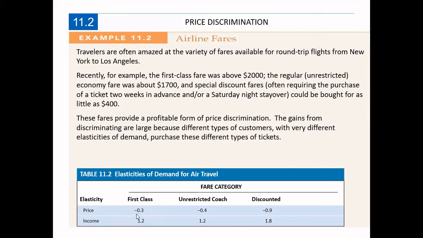It is very important for me. For coach class, it is also inelastic. For the discounted fare, it is normally close to one. But if we look at the income elasticity, which is positive 1.2, it is a normal product and an elastic product. It goes the same for the other fare points.